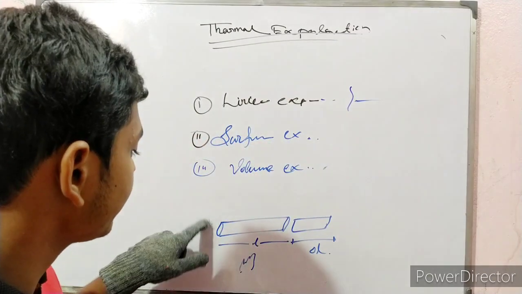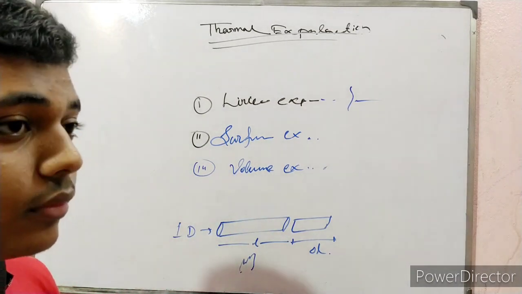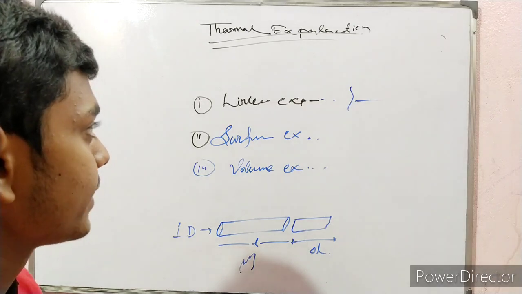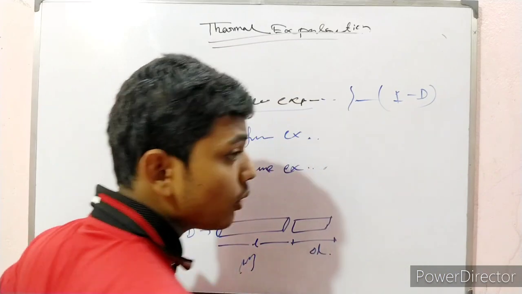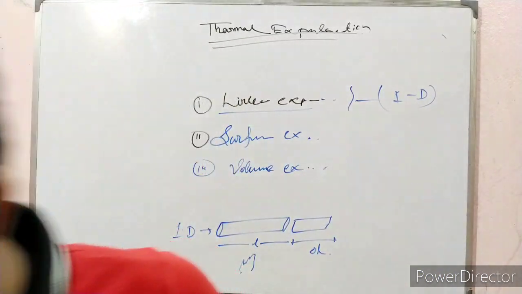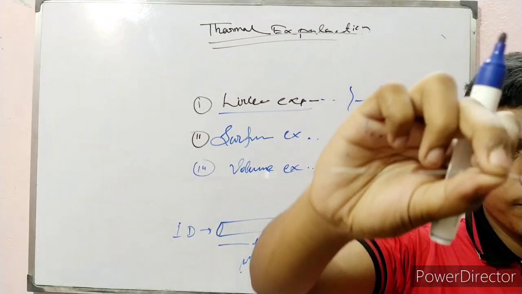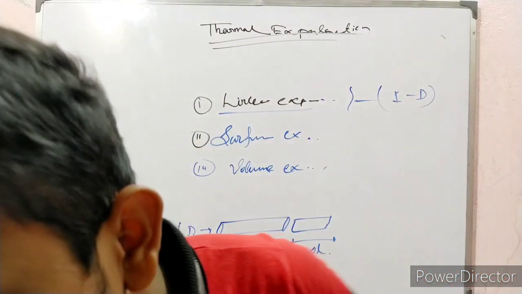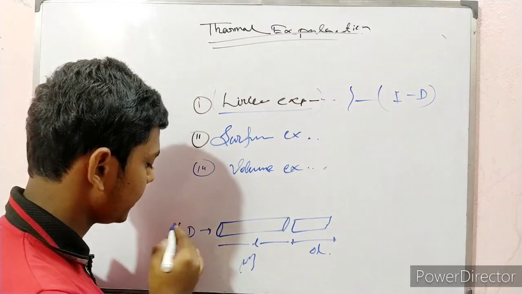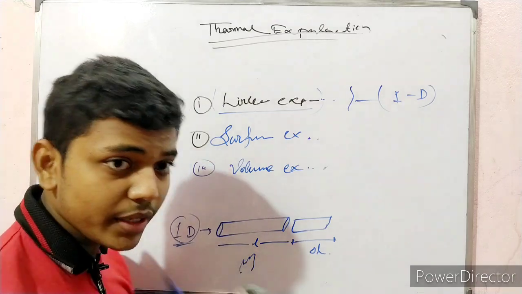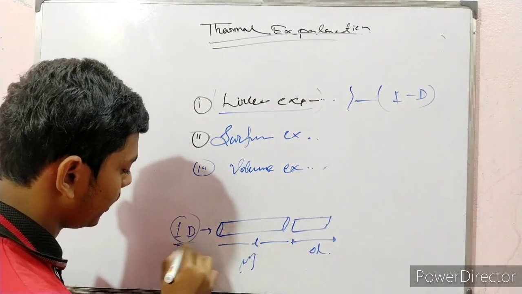If this is a 1D object, then the expansion is called linear expansion. This is for 1D things, such as a rod. If they expand, you can say that it is linear expansion. So basically you can remember this, that it is 1D.